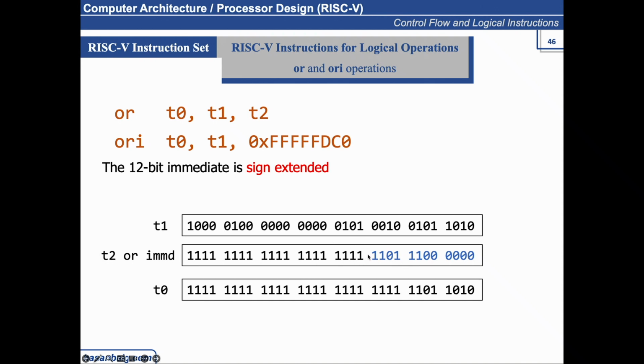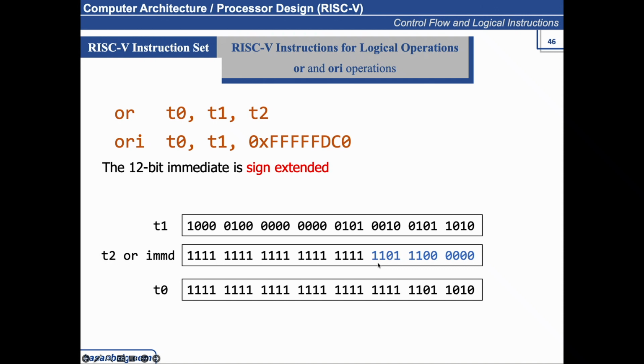So that's why all these 20 bits are set to 1, because the value D has the leftmost bit 1. I could have simply given it to you like this, 0xDC0, and you need to perform the OR operation. So you need to determine what the higher 20 bits should be, depending on the sign of the immediate value.